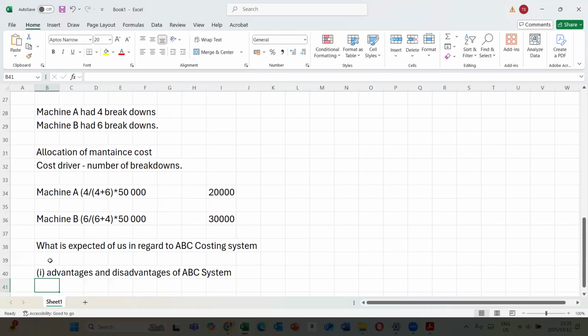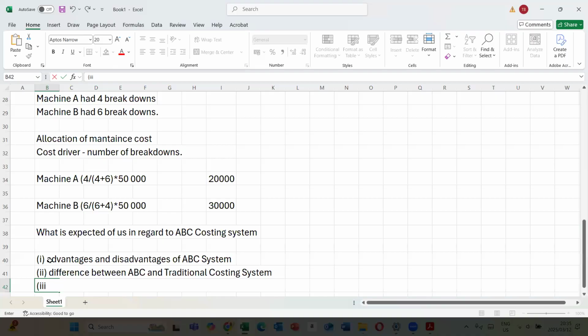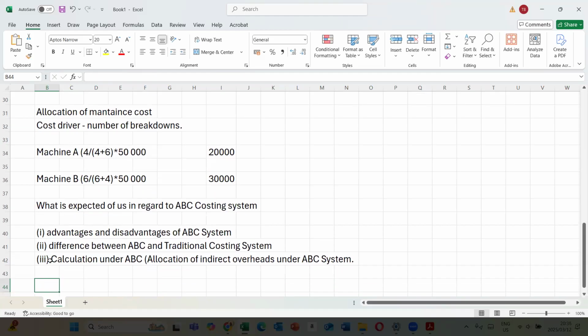They can examine you on that. Two, the differences between ABC and the traditional costing system. This is what they examine. Three, the calculation of ABC, which is allocation of overheads. That's what we are looking at.